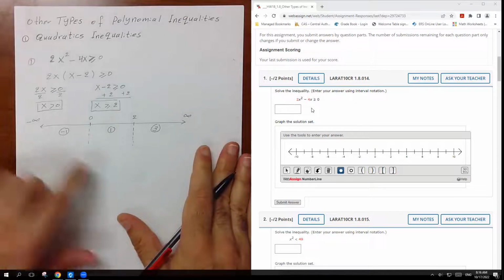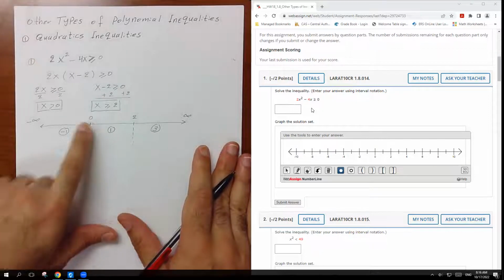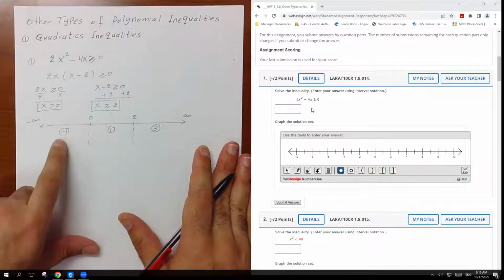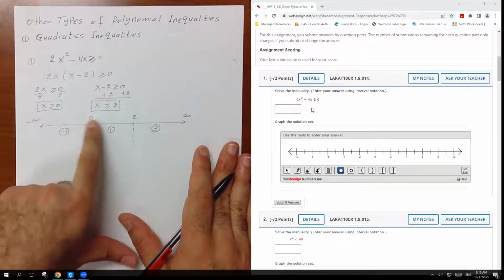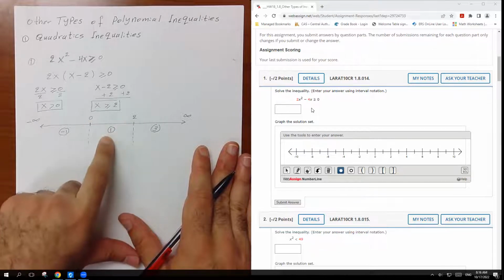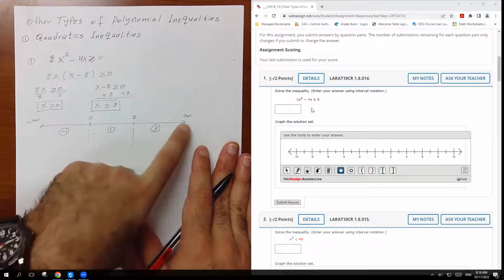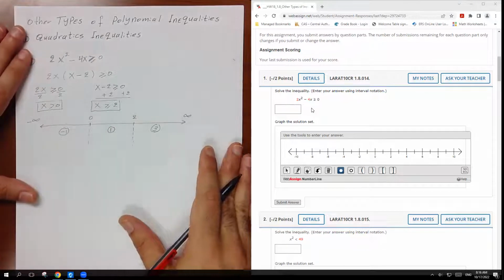So here are the key numbers, and I'm going to check each interval by choosing a number: -1, -2, -3, it's up to you. Between 0 and 2, I'm going to choose 1. Between 2 and infinity, I'm going to choose 3.